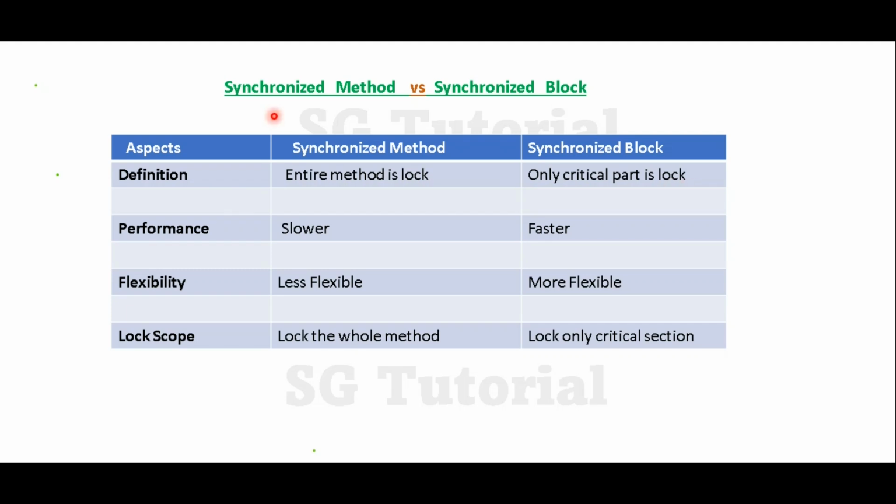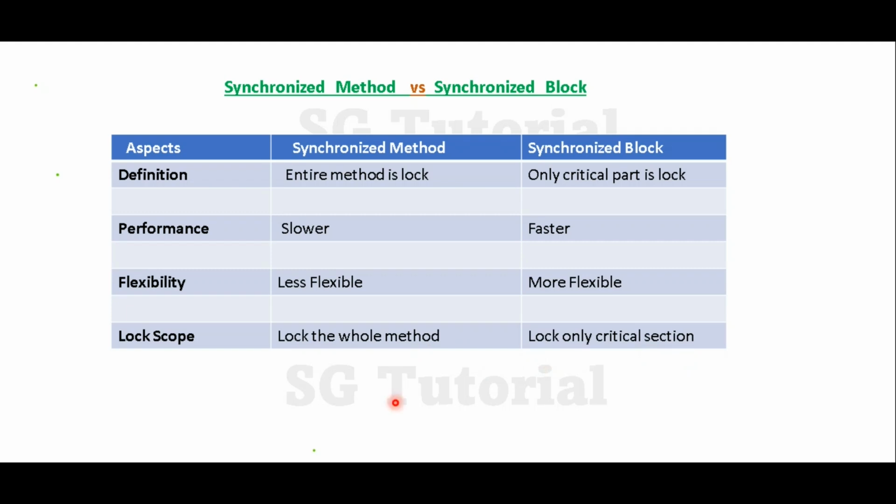And performance wise, synchronized methods are slower because threads need to access entire code inside method one by one, whereas synchronized blocks are faster because threads need to access only the critical code. Synchronized method is less flexible, whereas synchronized block is more flexible because inside synchronized block we can pass the object that we want to lock. And the scope of synchronized method is it locks the whole method, whereas synchronized block locks only the critical section.